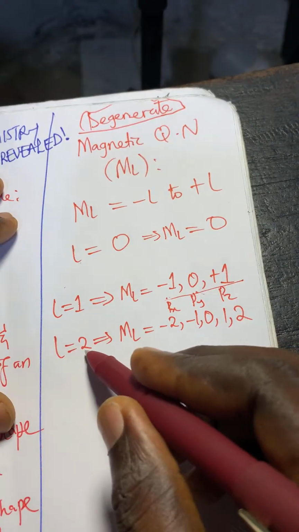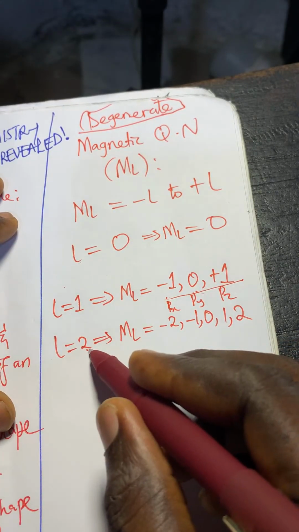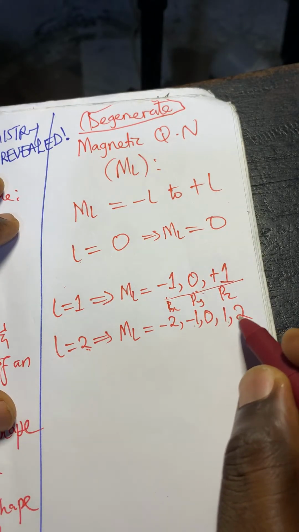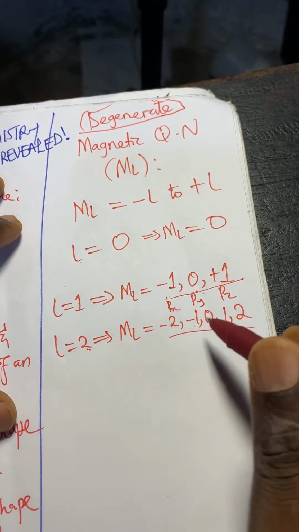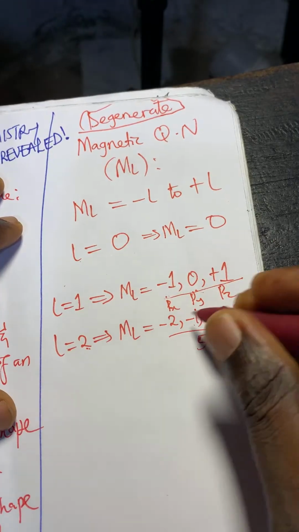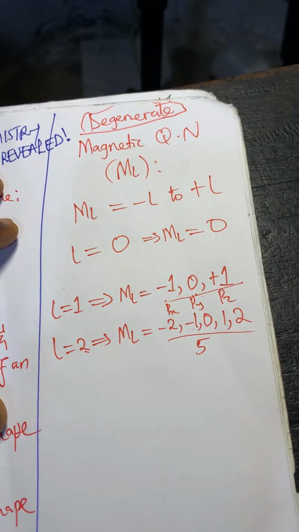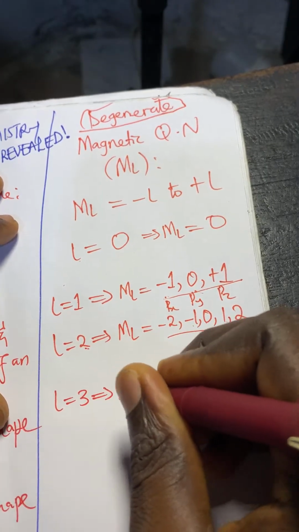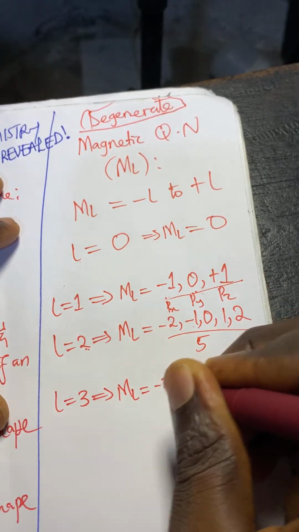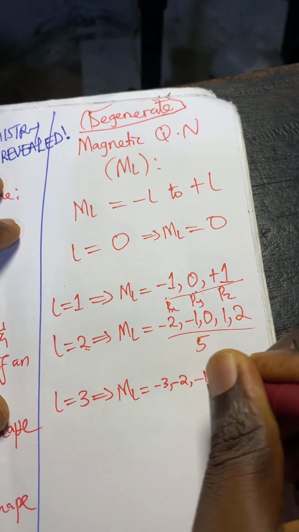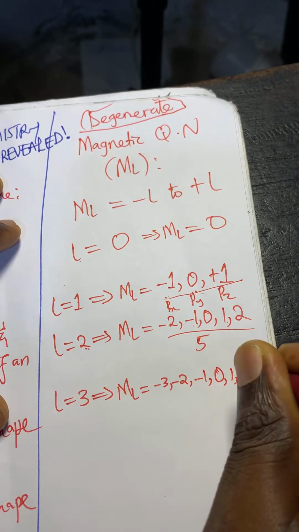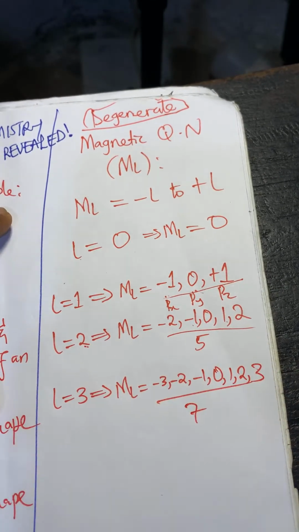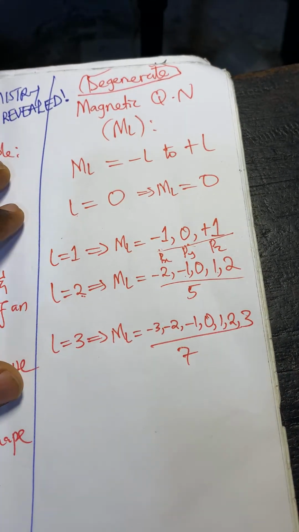While at l equal to 2, we have minus 2, minus 1, 0, 1, and 2, 5 different subshells, and that is the d orbital. And at l equal to 3, we have ml to be minus 3, minus 2, minus 1, 0, 1, 2, and 3. This is 7 interior compartments, and that is the f orbital.